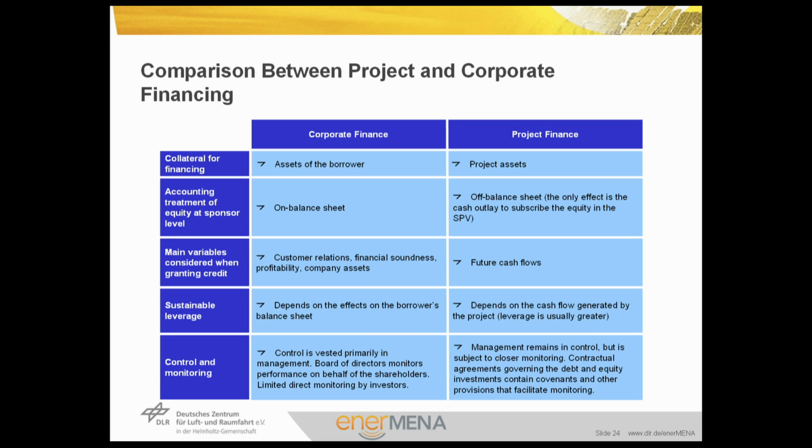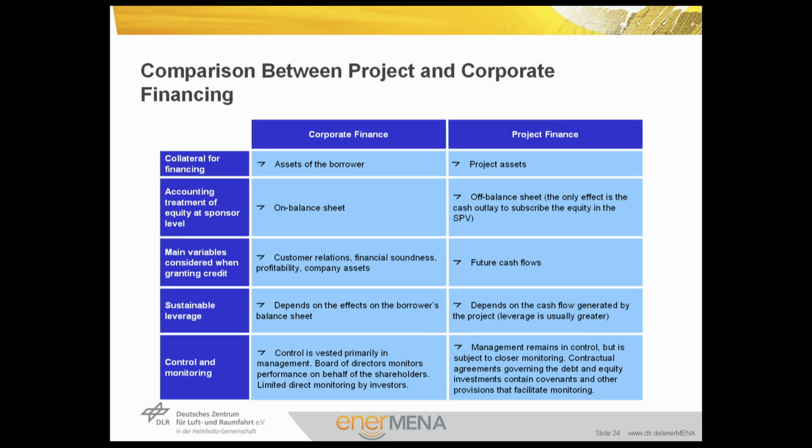The comparison shows that the assets in the case of corporate finance are for the borrower, whereas in the IPP model, these assets are owned by the project company and are therefore project assets that could be sold for refinancing, for example. The accounting treatment in the case of EPC finance is the so-called on-balance sheet. Here we talk about the utility balance sheet, whereas in the IPP finance, we have the so-called off-balance sheet.